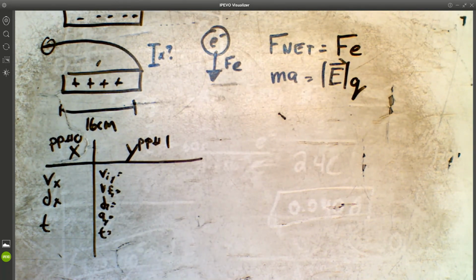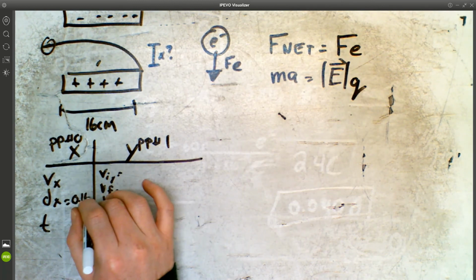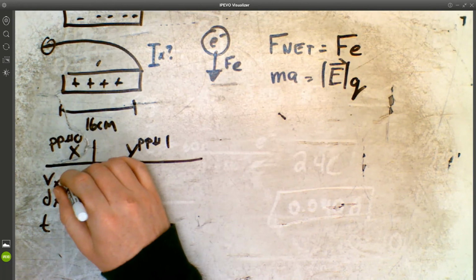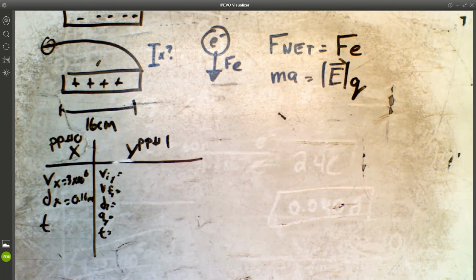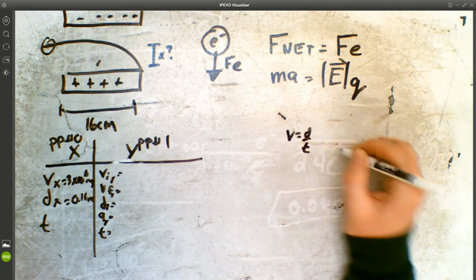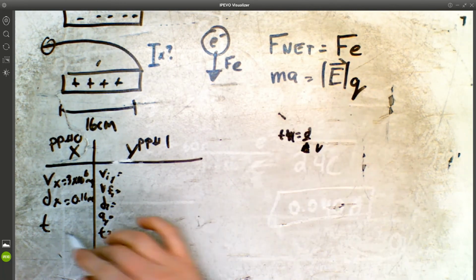We know in the x, it moves 16 centimeters, so 0.16 meters. It also said it was moving at a constant velocity, so it enters with a speed in the x of 3 times 10 to the 6 meters per second. We can use v equals d over t, so t equals d over v, and figure out our time.